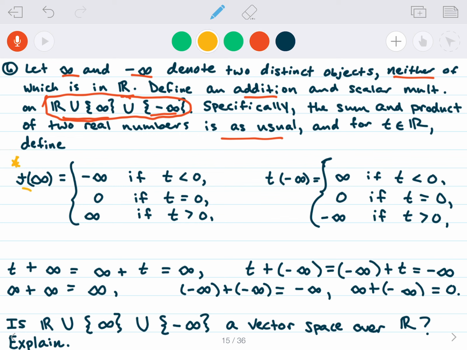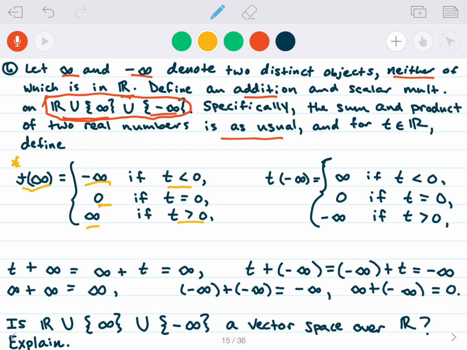So that's what this is saying right here. This says t times the first object infinity is equal to negative infinity if the real number is less than 0. So for instance, if you said negative 1 times infinity, since negative 1 is less than 0, your answer would be negative infinity. If you had 0 times infinity, your answer would be 0. If you had a positive number times infinity, your answer would be infinity.